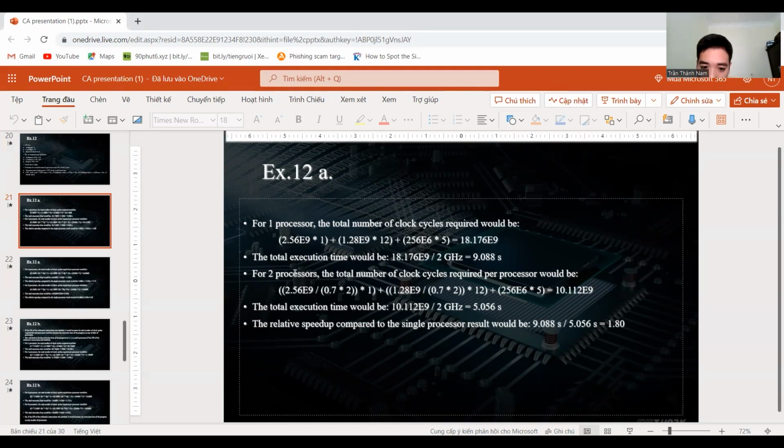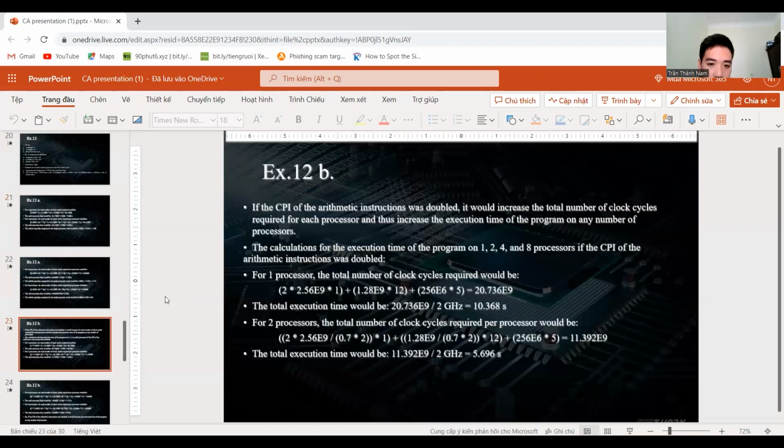So we can calculate the total number of clock cycles, which would be 10.112 multiplied by 10 to the power of 9. The total execution time would be 5.056 seconds. So the relative speedup compared to the single processor result would be 1.8.